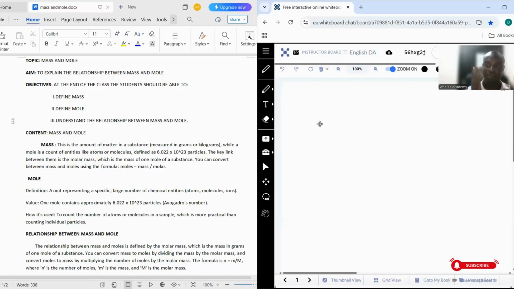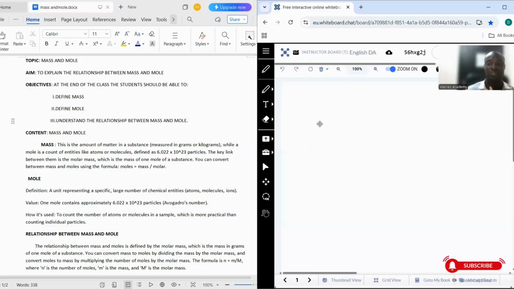So generally, chemical reactions in chemistry entail particles partaking in such reactions. The issue here is that these particles, atoms, molecules, or ions, are extremely small, very infinitesimal in nature.